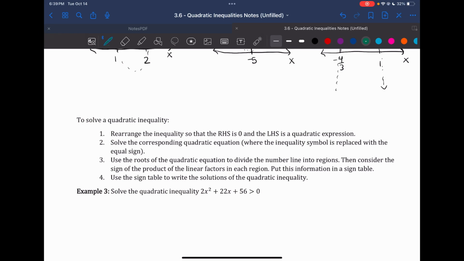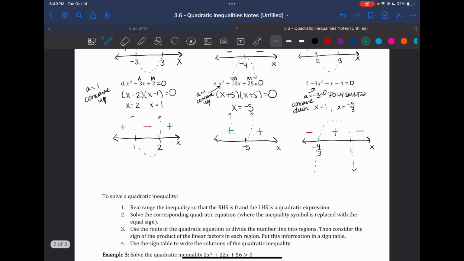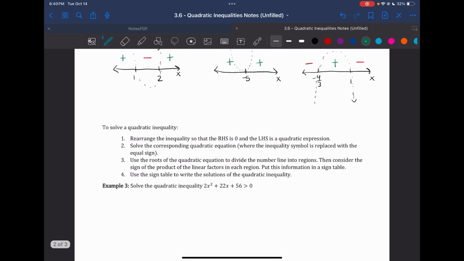Solve the corresponding quadratic equation, whether that is with polysmelt or with some factoring skills or whatever you can think of to solve the problem. Then you're going to go ahead and just put down the roots and use the sign table to write the solution. So similar to what we did above, however, these were all equal to 0.